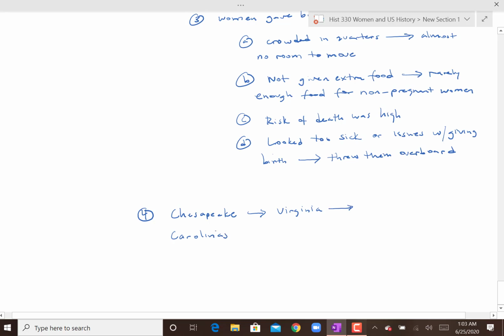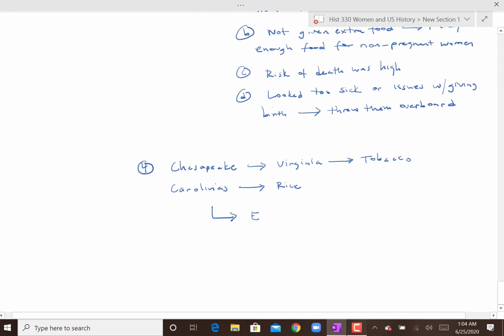And Virginia was tobacco for the field work. In the Carolinas, there was indigo, but rice was the number one commodity. So these were the two locations where early slaves went the most. So they mostly were sent to these two places.